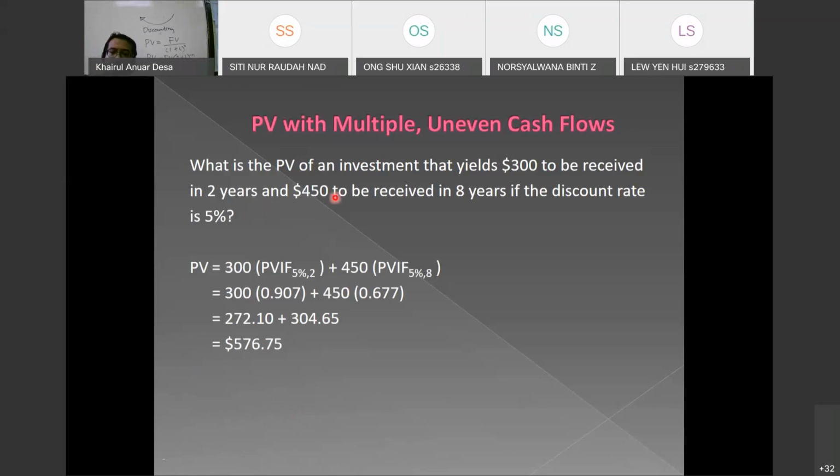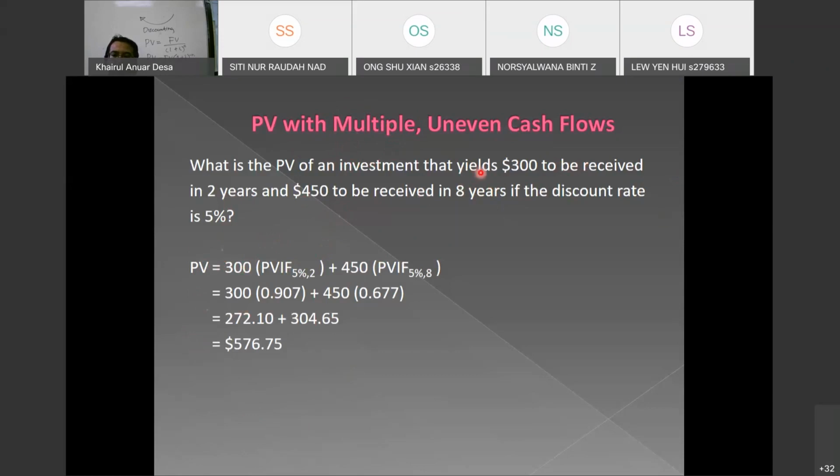Okay, what is the present value of an investment that yields 300 to be received in 2 years and 450 to be received in 8 years if the discount rate is 5%? So there are two, what we call multiple cash flows. This question refers to multiple cash flows.